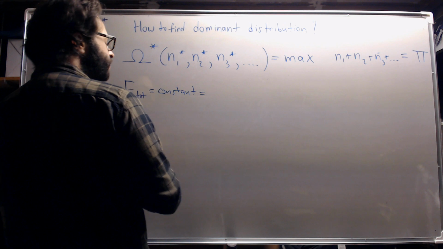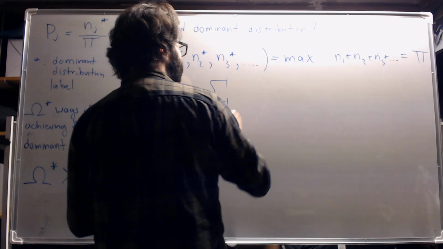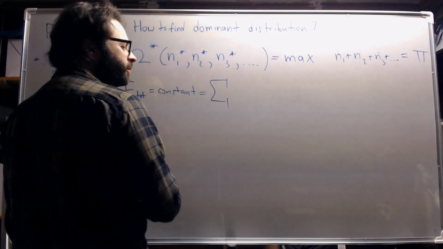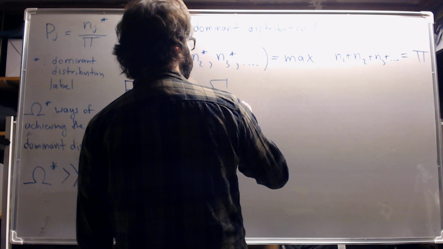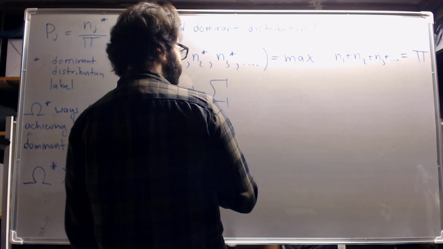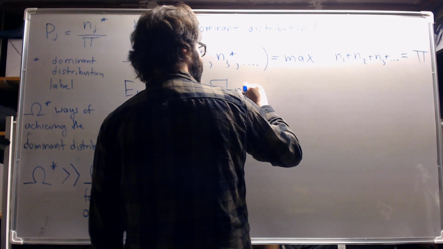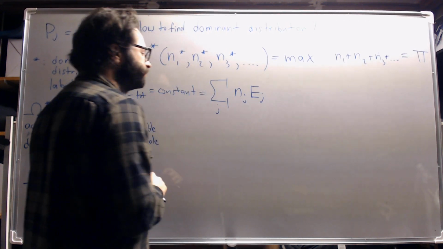And this constant total energy can also be related to the systems in the ensemble in all the different microstates for this distribution by summing over the microstate j, n sub j times E sub j.